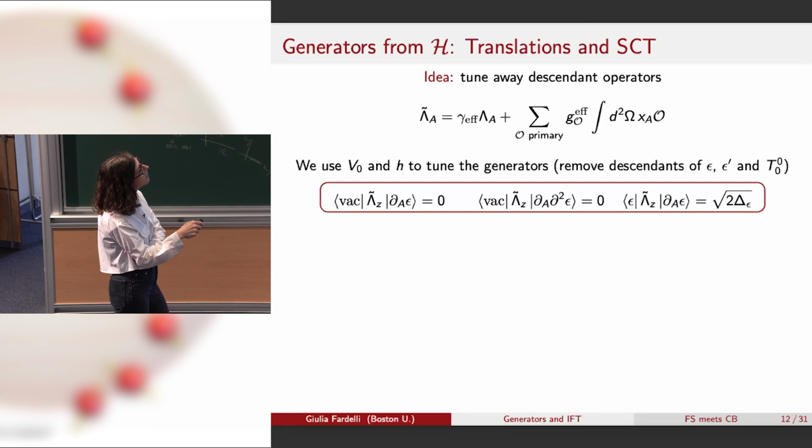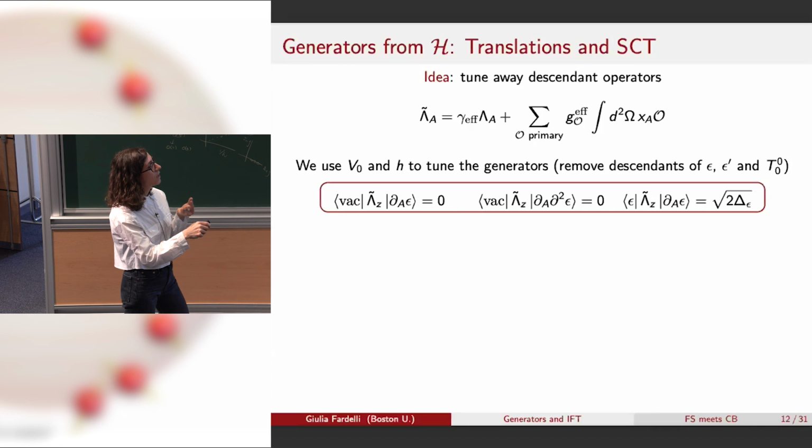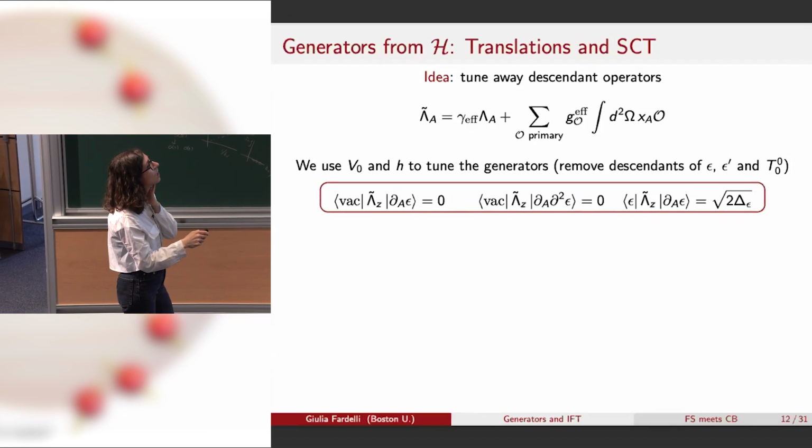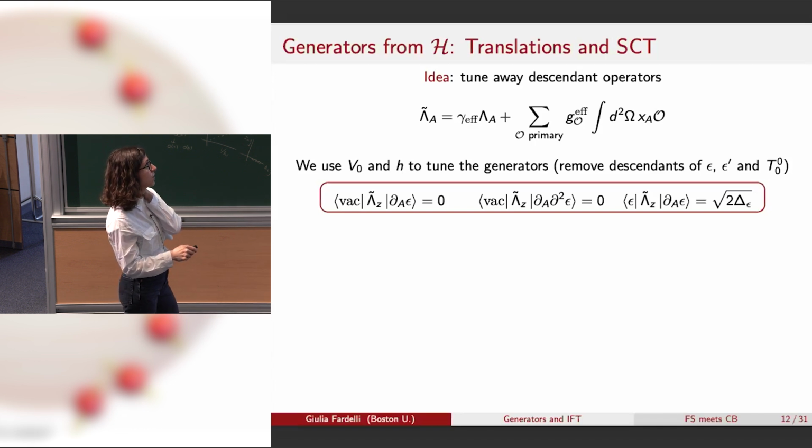So what we can try to do is use the same V0 and H we have used to tune the Hamiltonian, give them a slight deformation, delta V0 and delta H, and try to remove also this additional contribution. In particular, we would like to remove descendants of epsilon, epsilon prime, and T00.